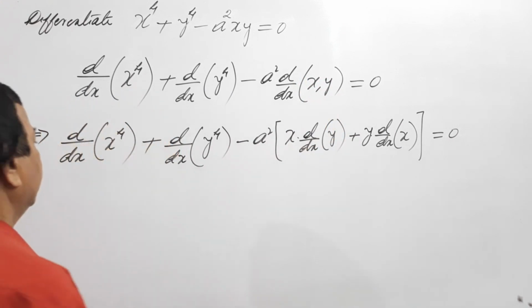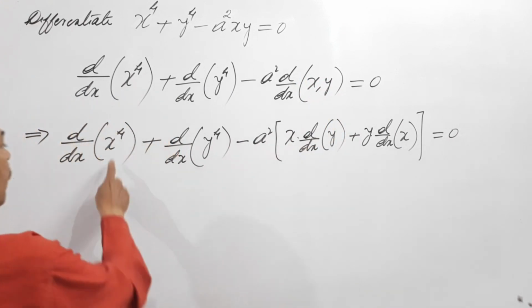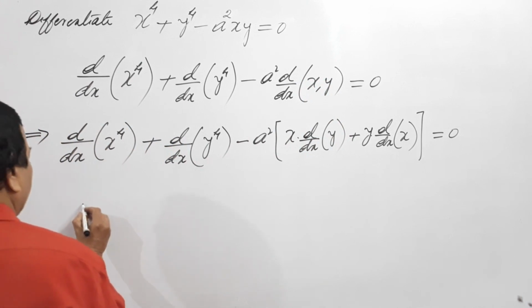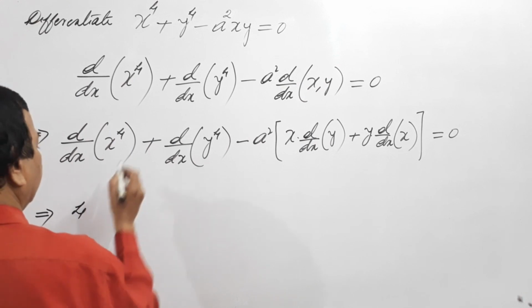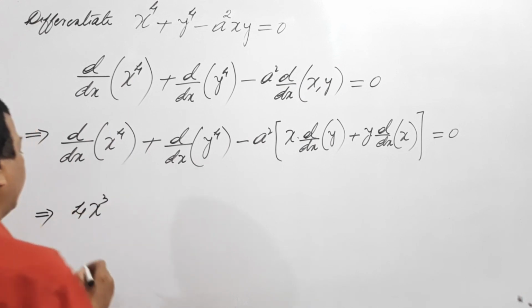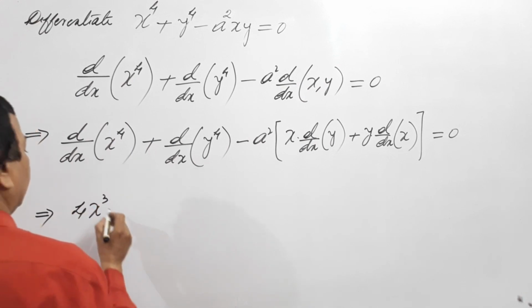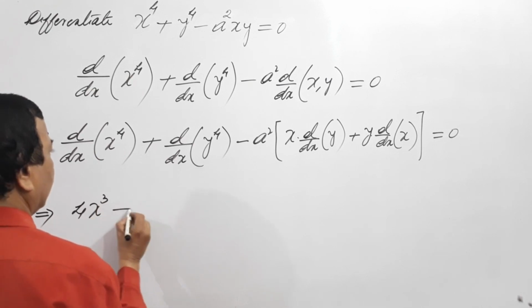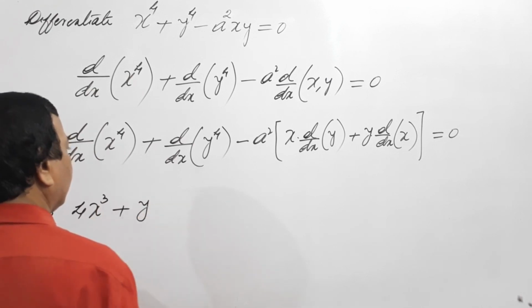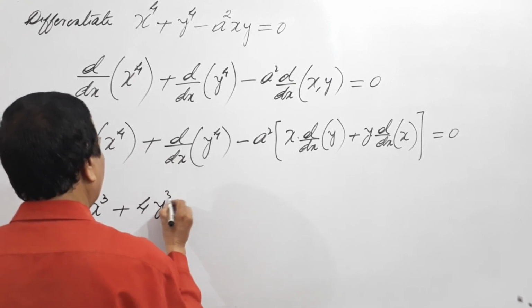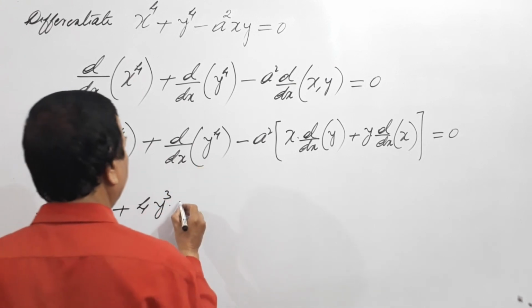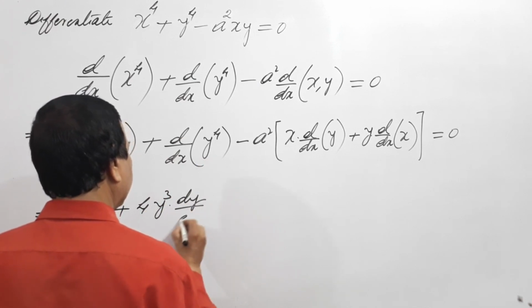So let's differentiate this. So this is our type x to the power of n, that becomes 4 into, that is 4x cube plus 4y cube and dy by dx.